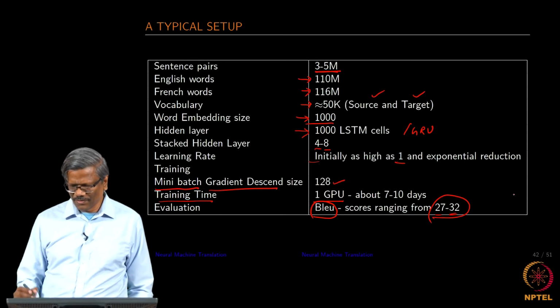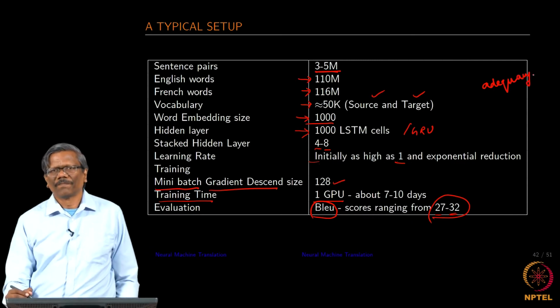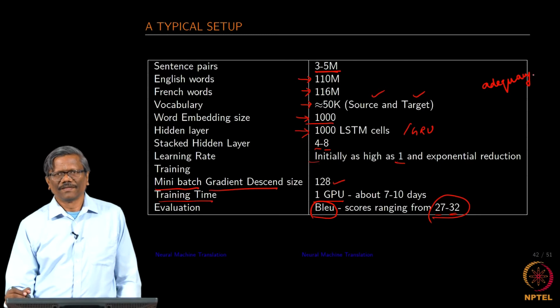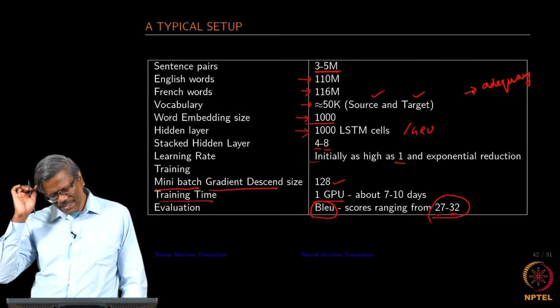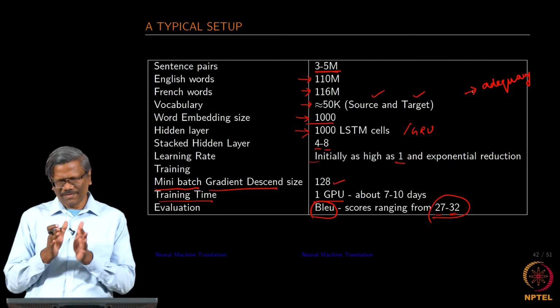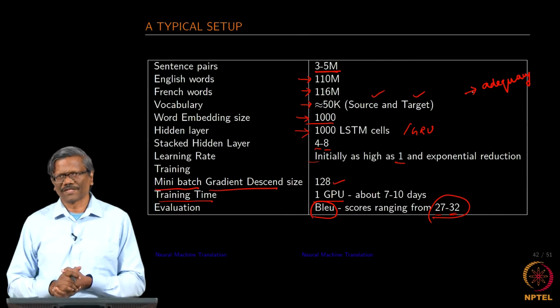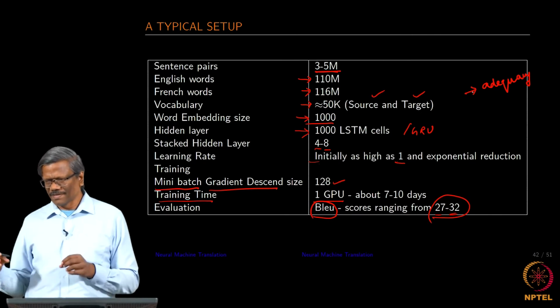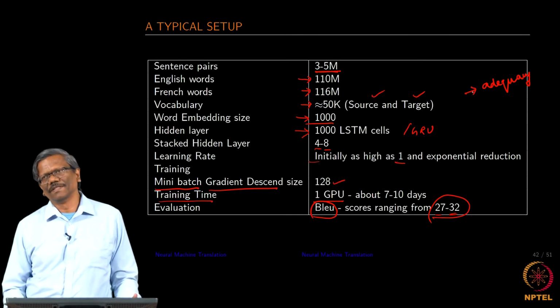32 is really good. You remember we had something called adequacy, right. So, what is adequacy? Adequacy is that this is just sufficient for the translation. Okay. If you see a sentence and it is just translating the meaning of the input sentence in some way, that is good enough for me.